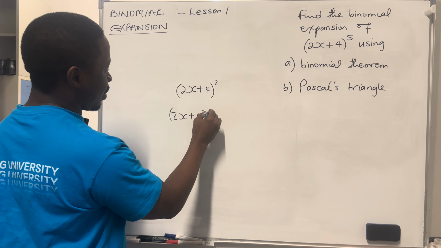What is next? 2x. And then what? 4. I'm not done yet, just for you to understand the sequence. 5 combination 3, 2x, here is 4. 5 combination 4, 2x, and here is 4.